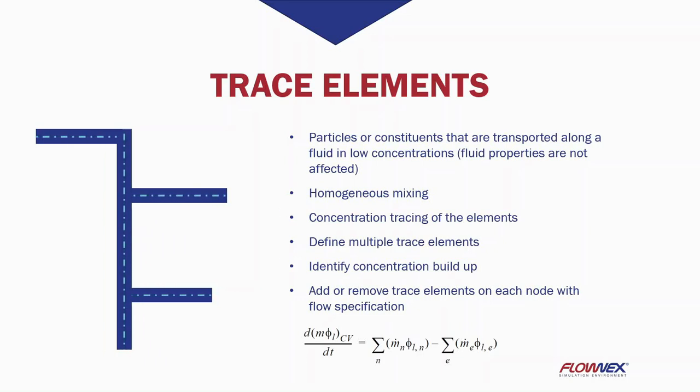Multiple trace elements can also be defined, and the buildup of concentrations can be easily identified. The engineer can also add or remove specified trace elements, which allows the behavior of filters to be captured in Flownex. Lastly, Flownex solves a mass balance based on the concentration of the trace elements on each node in steady state and transient, ensuring that the correct behavior is captured.